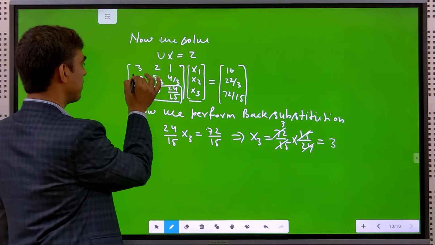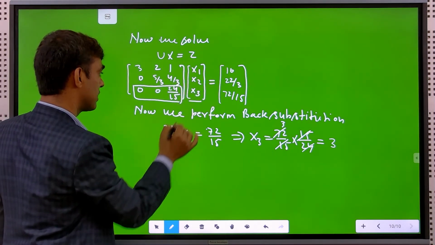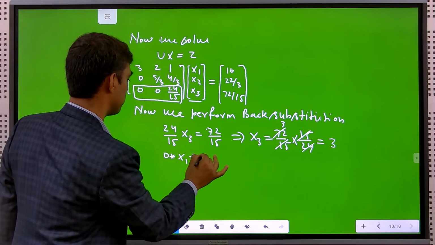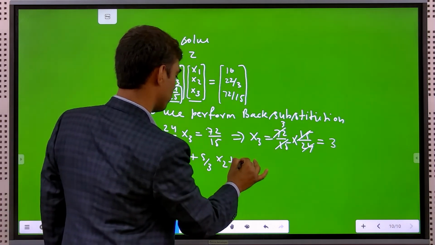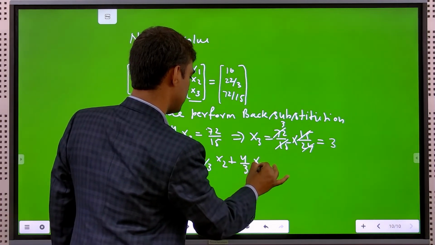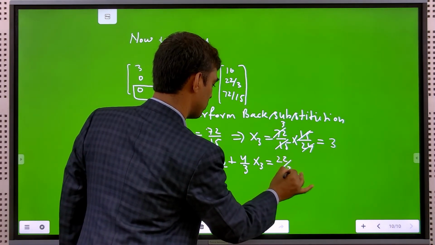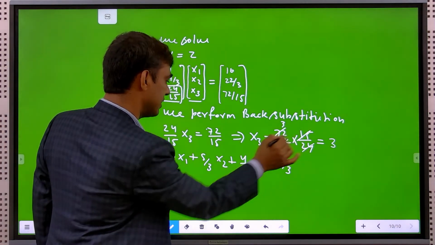Now we multiply the second row by this vector x. So this becomes 0 into x1 plus 5 by 3 x2 plus 4 by 3 x3 equal to 22 by 3. Now we put the value of x3 here, 3.